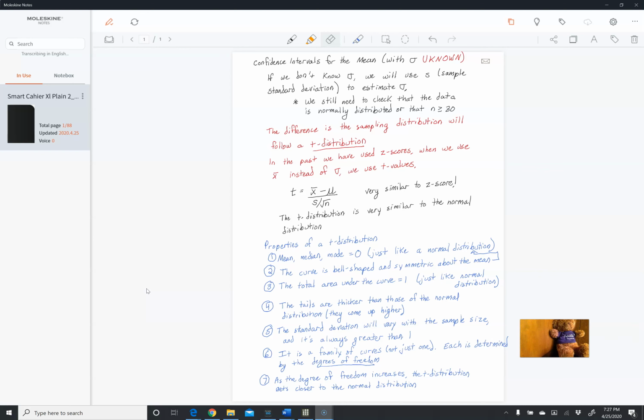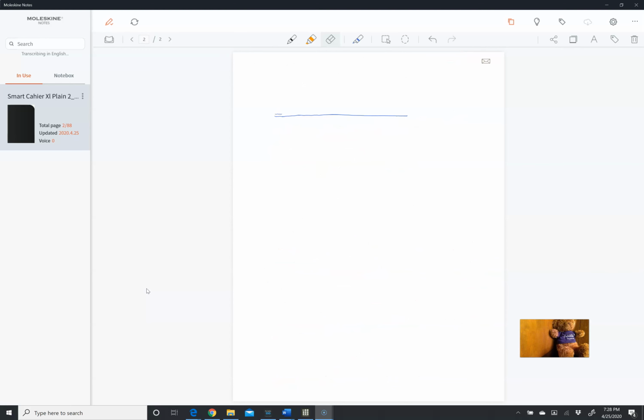So suppose, remember we said our standard normal curve comes down very close, right? Our tails get closer and closer to zero.